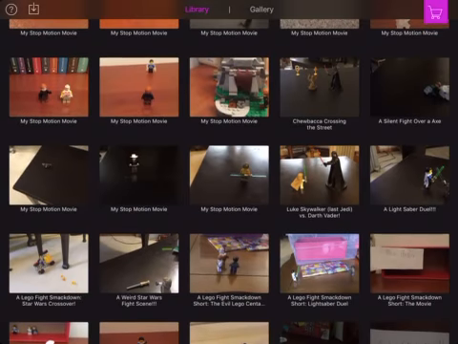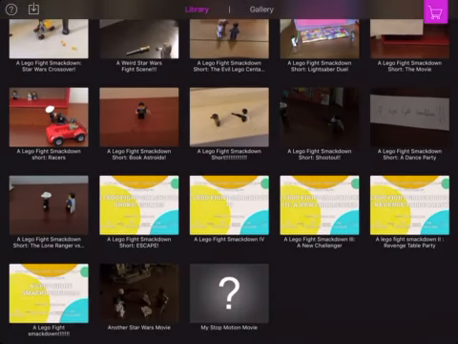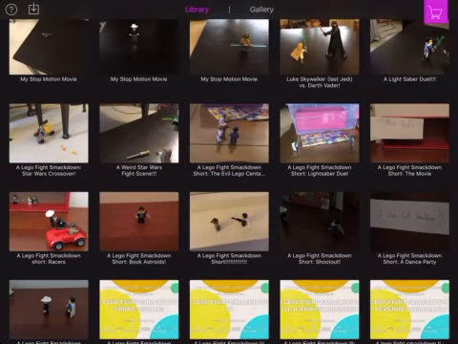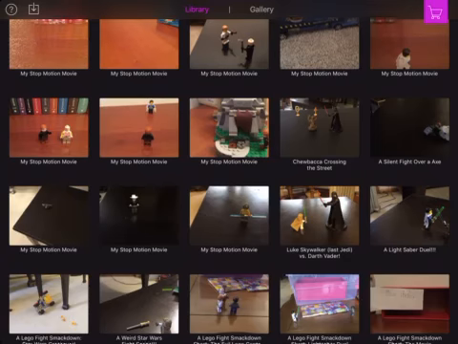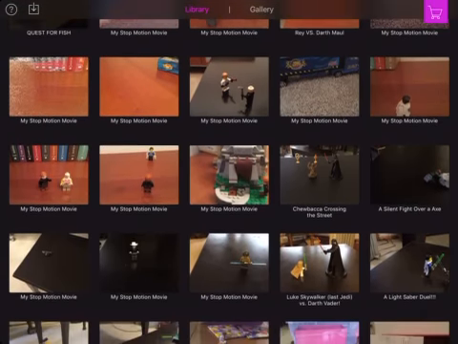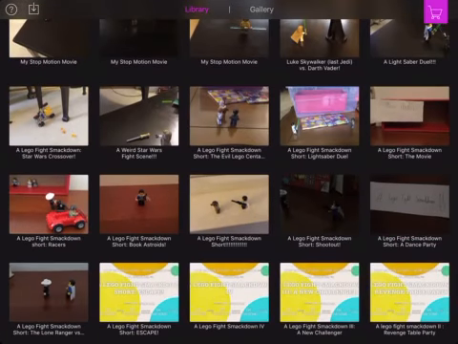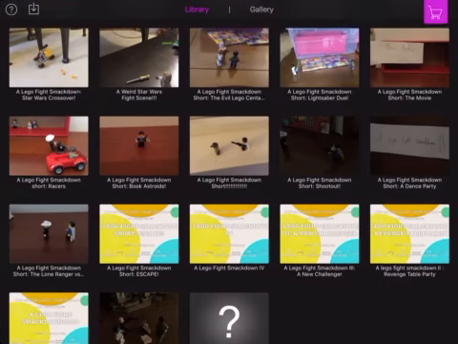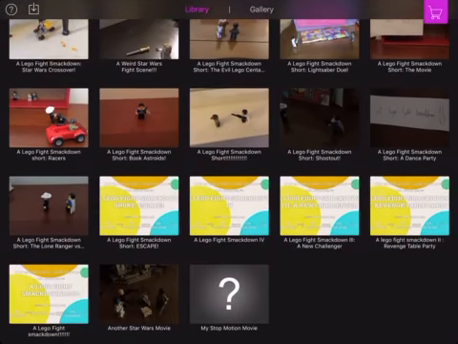And also, I'll try to find the first one where the evil guy's name is actually said. Okay. I think it's in one of the shootout ones. Here it is.